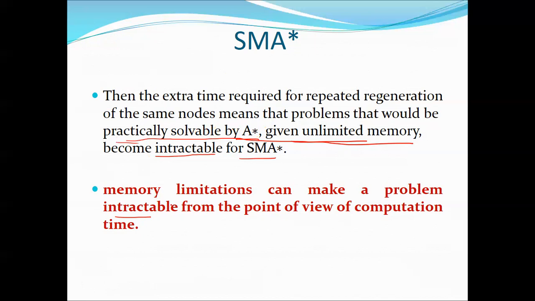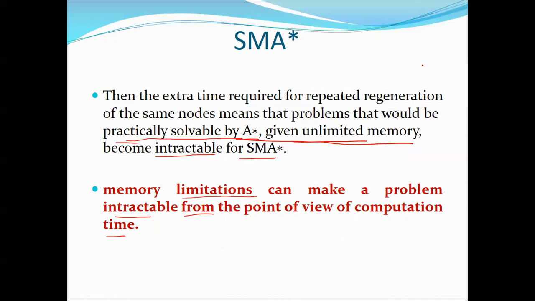So basically, memory limitations can make a problem intractable from the point of view of computational time. Because of memory limitation only, this problem is happening. Because of memory limitation only, we are going for SMA star. But when the memory is full and you remove a node, the algorithm's working style will change.